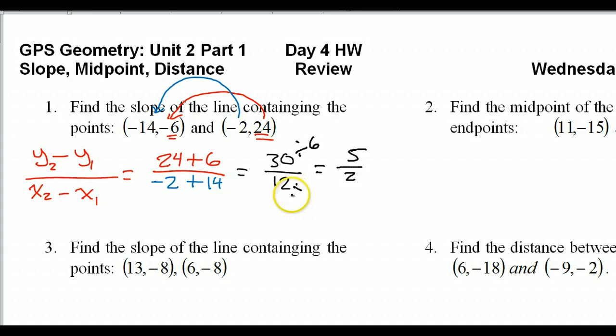What really happened was we divided both of these by 6. So the slope is going to be 5 over 2. Please just leave it as a fraction.